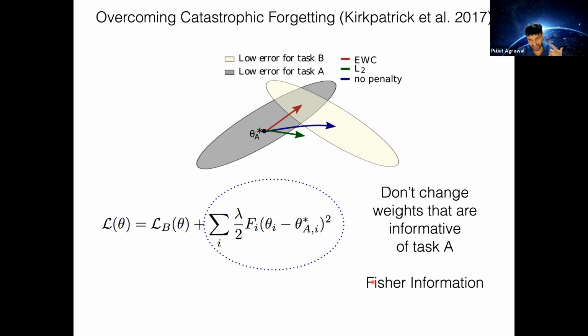I think the takeaway is that I am trying to constrain my updates to be close to my original task parameters in a way that I don't lose any information about my first task. And that is what Fisher information essentially calculates. And this method was known as elastic weight consolidation.